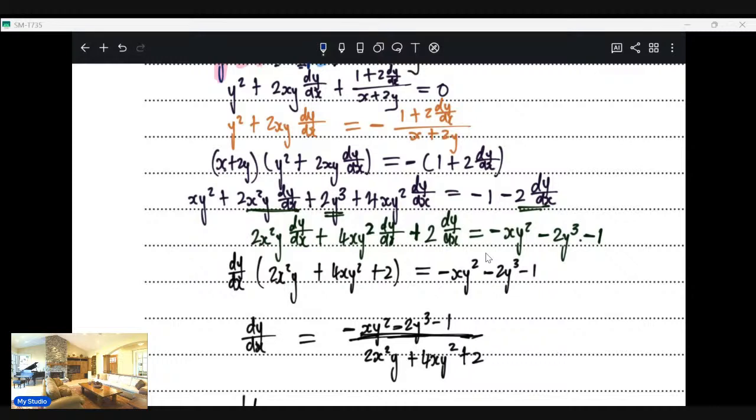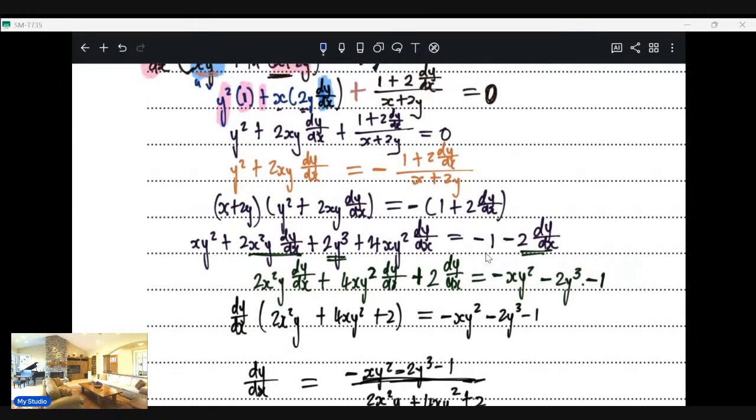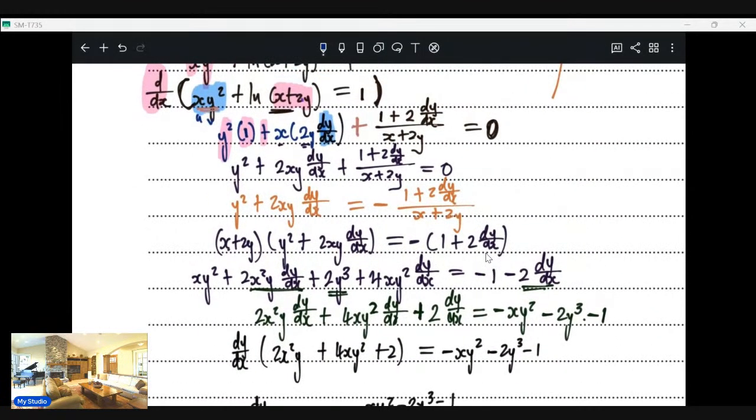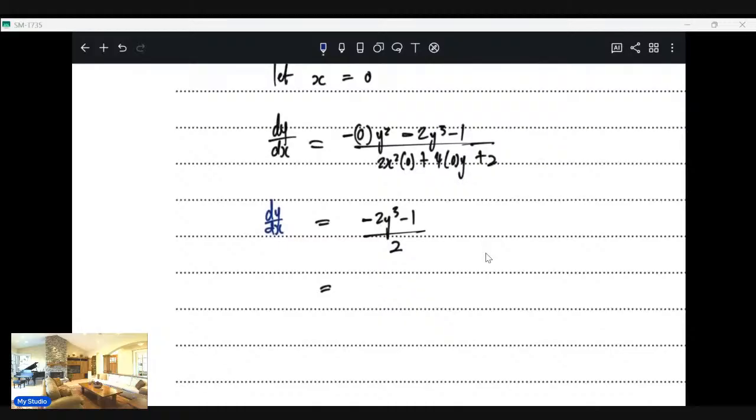Let me see. Yeah, you get an answer. What answer can we get here? Negative 2y cubed minus 1 over 2.